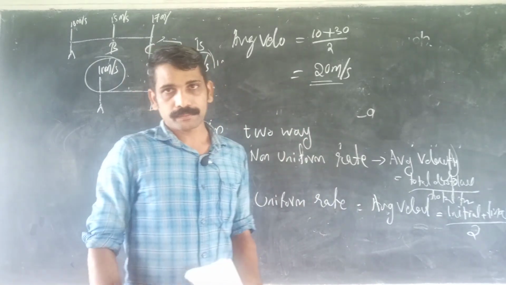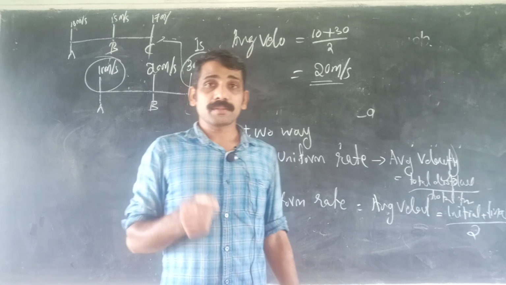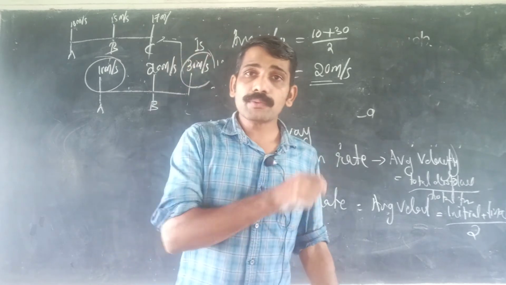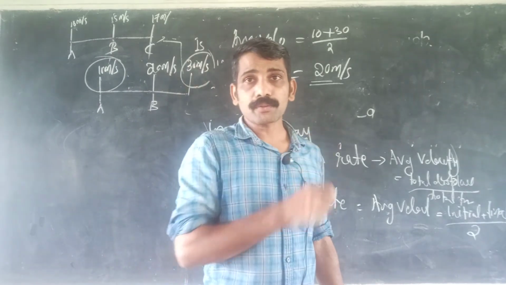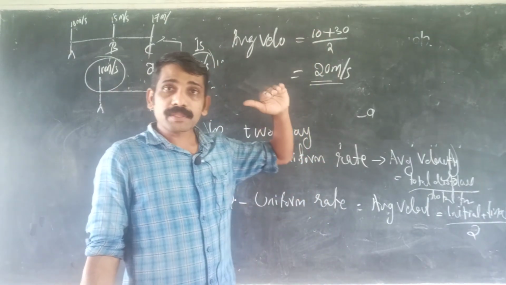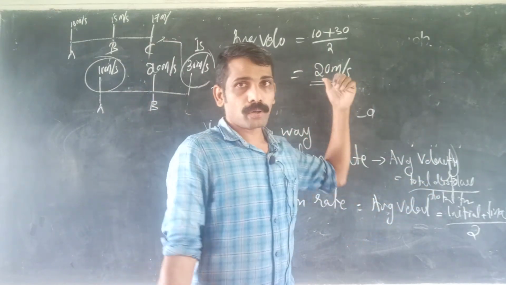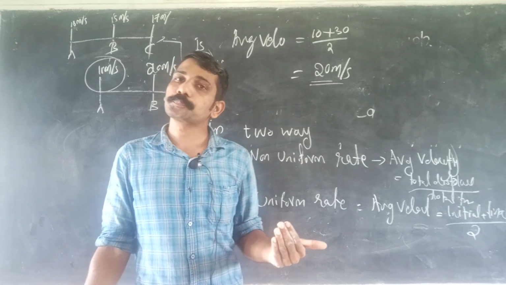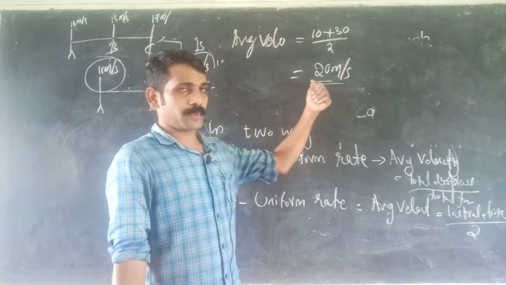So average velocity is 20 meter per second. This average velocity represents that the object might not have traveled at this speed all the time. The object may or may not travel at this speed. Sometimes it travels faster and sometimes slower than this speed.